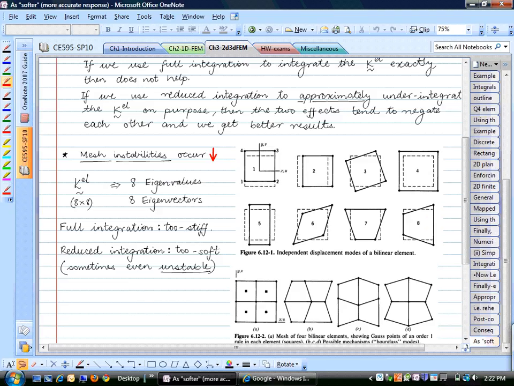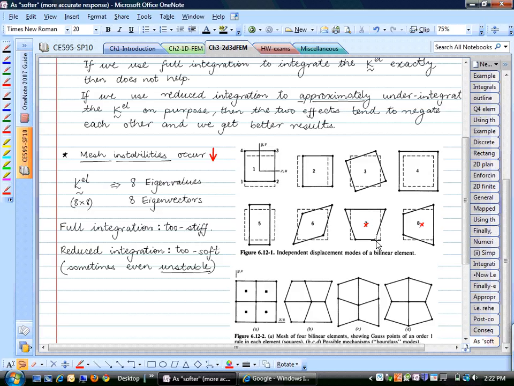So if you take a look at this, we said that with reduced integration, we are going to calculate our value at this point, value at this point. So if I have my square and it deforms into this kind of a trapezoid, if I measure my Jacobian at this location, it will be 1, because Jacobian is nothing but the area of the deformed shape.